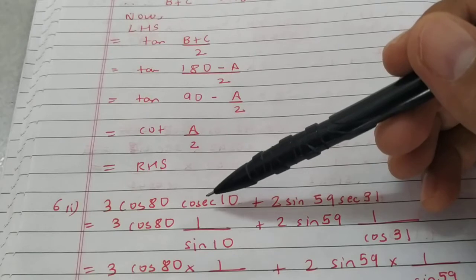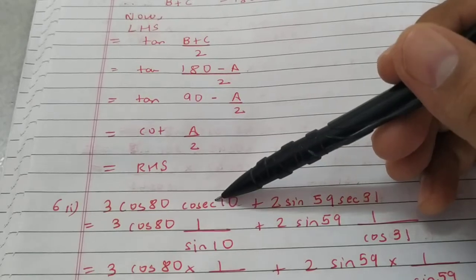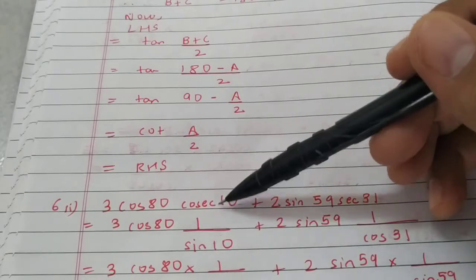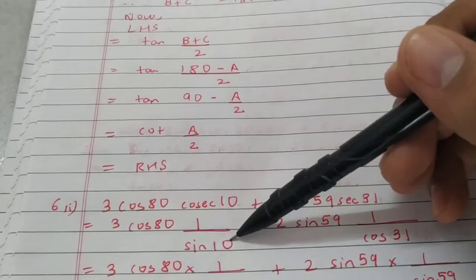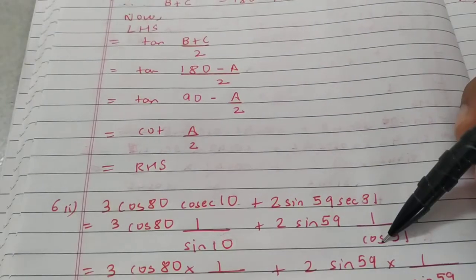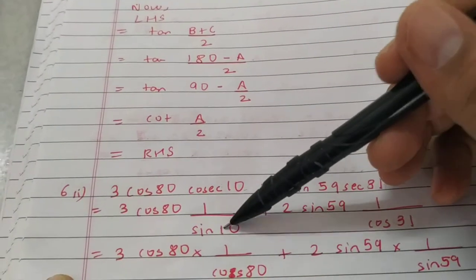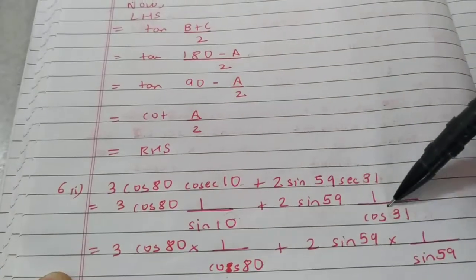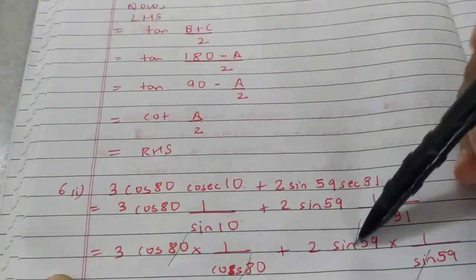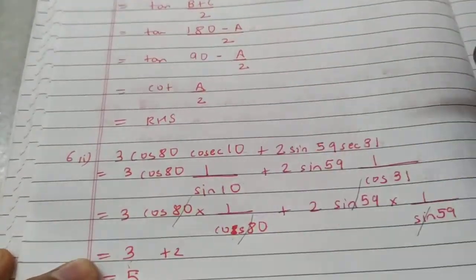First, I'm going to convert cosec into sine, the reciprocal relationship. The number won't change in reciprocation, okay? Similarly, sec will become cos. And now I will convert sine 10 as cos 80 and cos 31 as sine 59 so that I can cut them. So the final answer becomes 5.